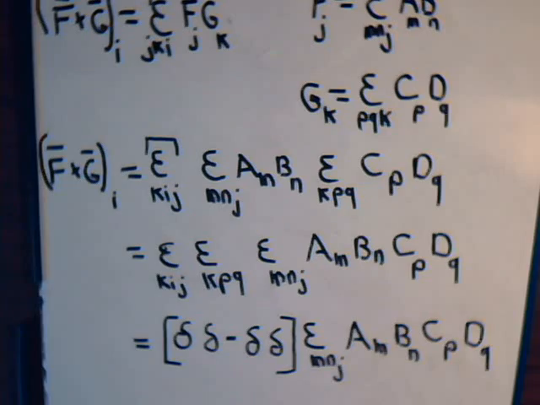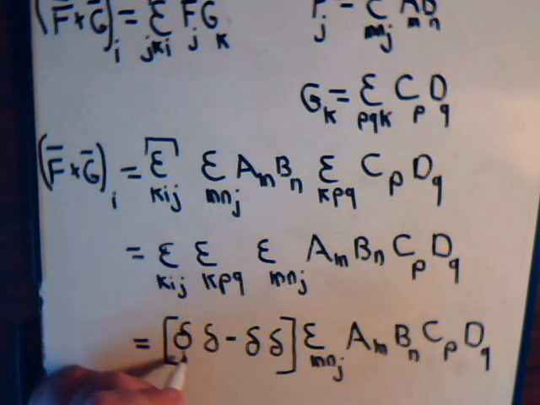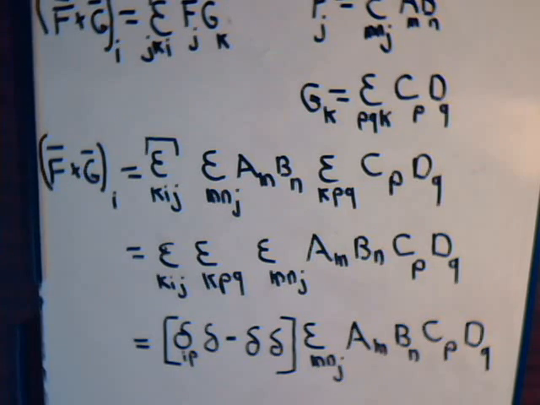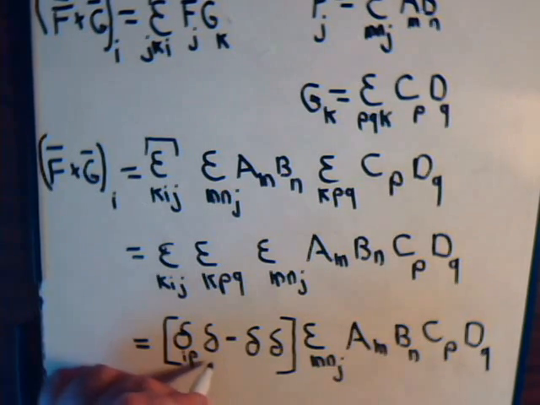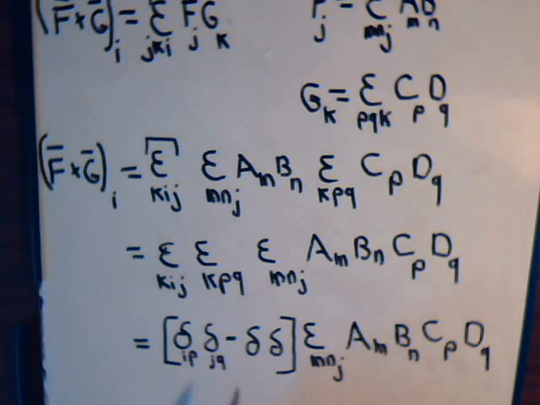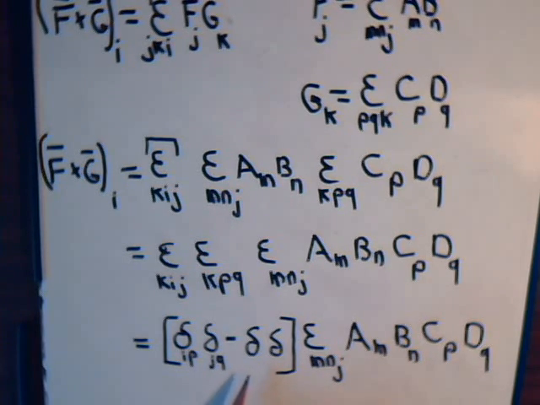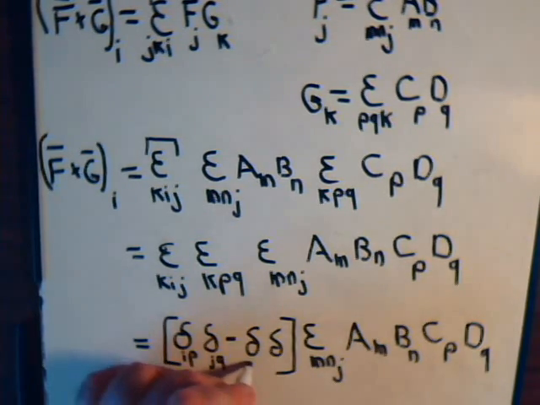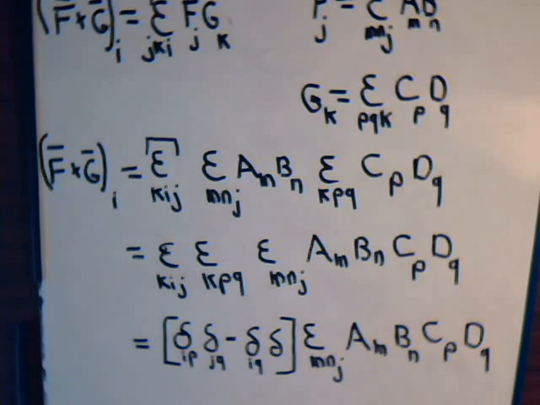Remember what the pattern is. It is inner, inner, so that would be IP, then outer, outer, so that's JQ, then for this one right here, it is inner, outer, IQ, minus outer, inner, JP.